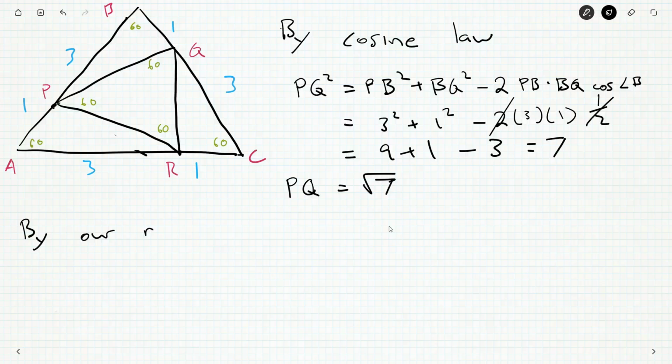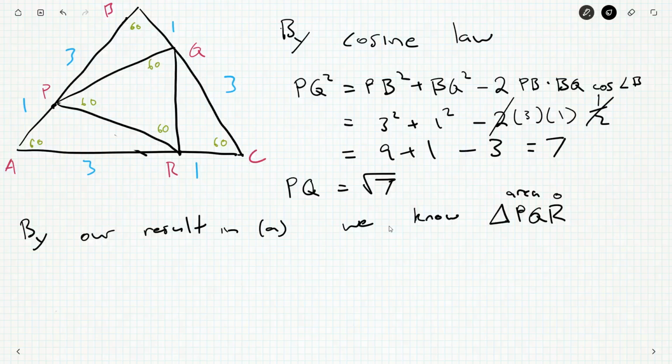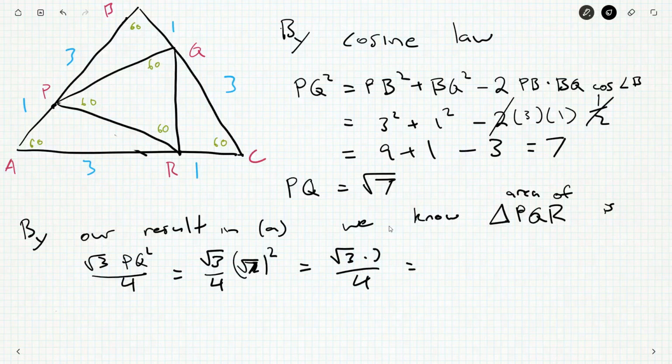Now by our result in A, we know the area of PQR is root 3 PQ squared all over 4, which is root 3 over 4 times root 7 squared, which is root 3 times 7 over 4.